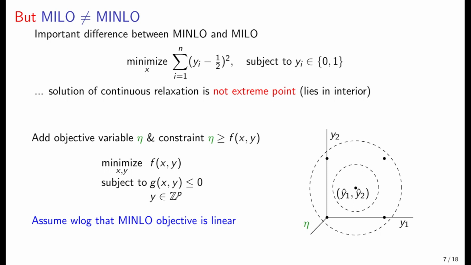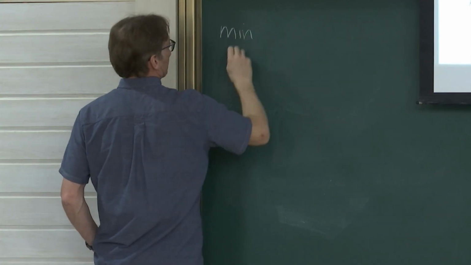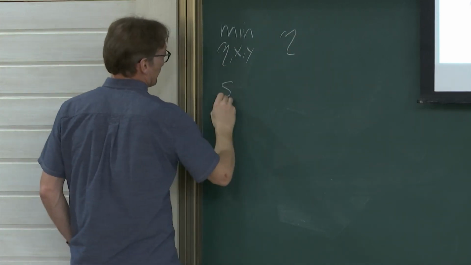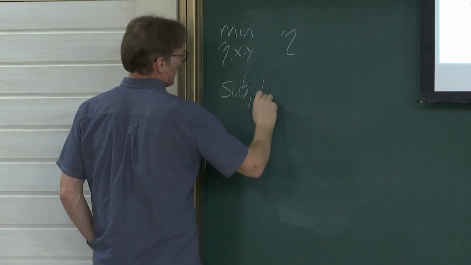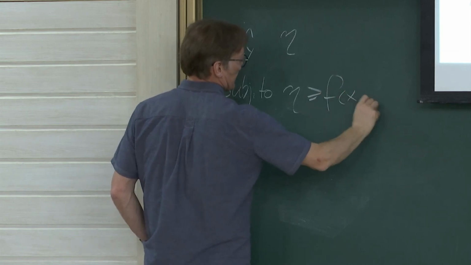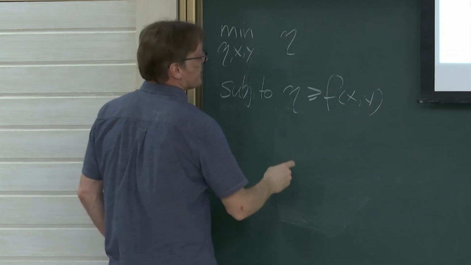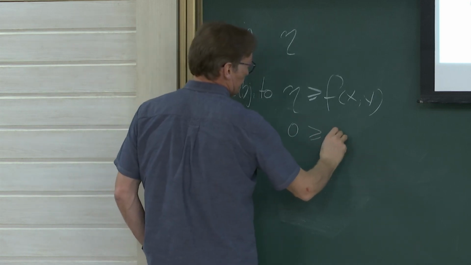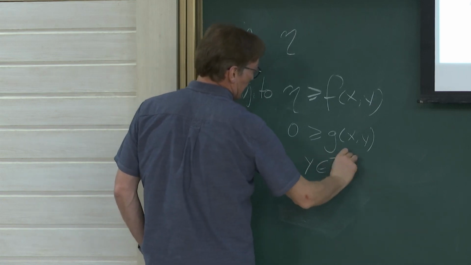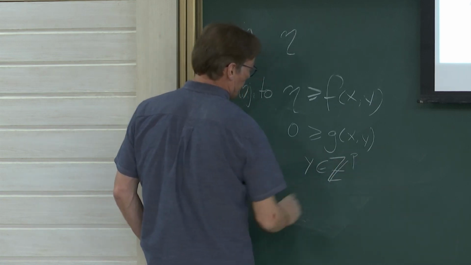We're going to transform this problem into a new problem, where instead of minimizing f of x, we have an additional variable eta, and we minimize eta subject to eta greater or equal to f of x and y, and 0 greater or equal to g of x and y, and y integer.